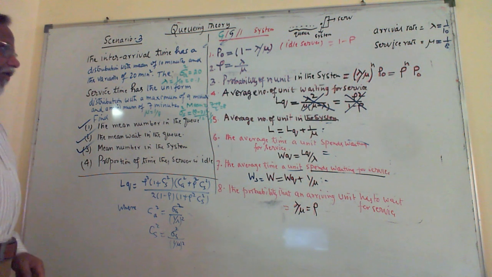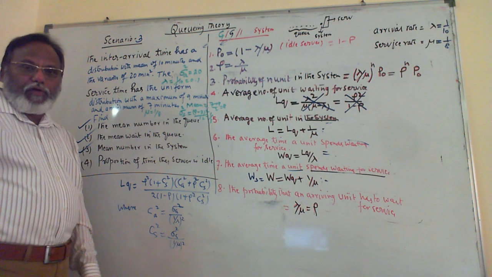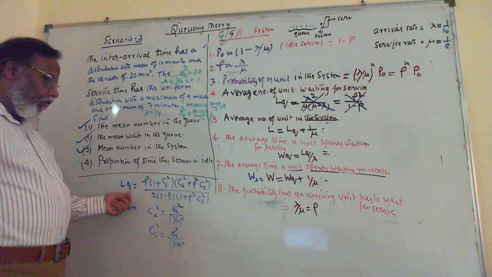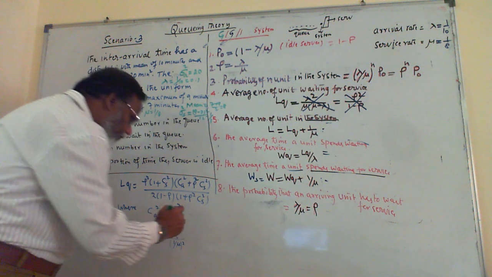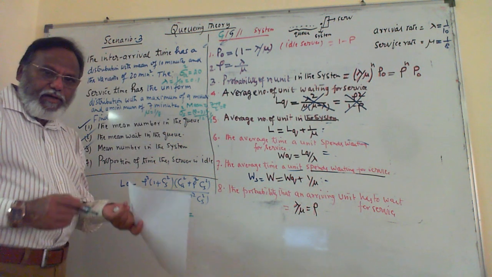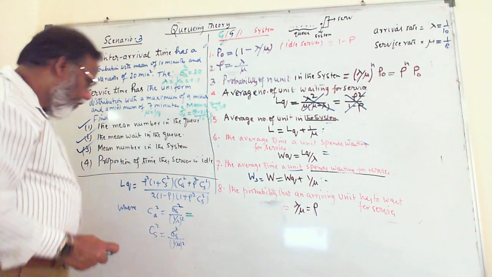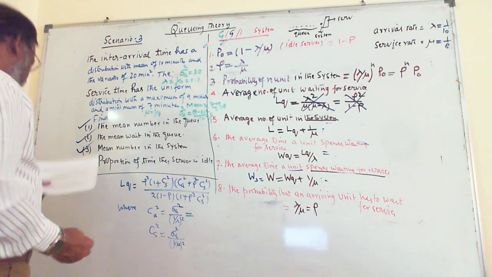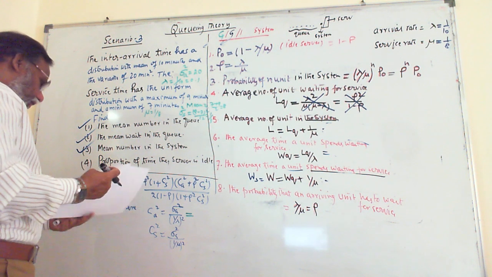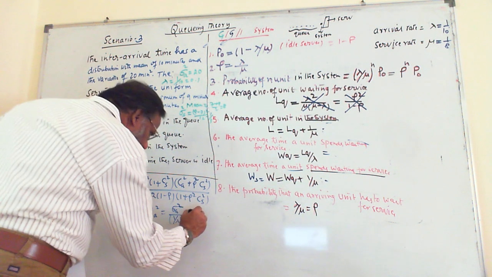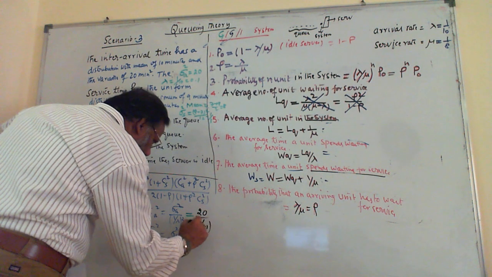So let us answer the first part of the question. What is the mean number in the queue, or what is the value of LQ? For finding LQ, I first have to find these. Sigma A squared is 20, and this is divided by 1/0.1 squared.